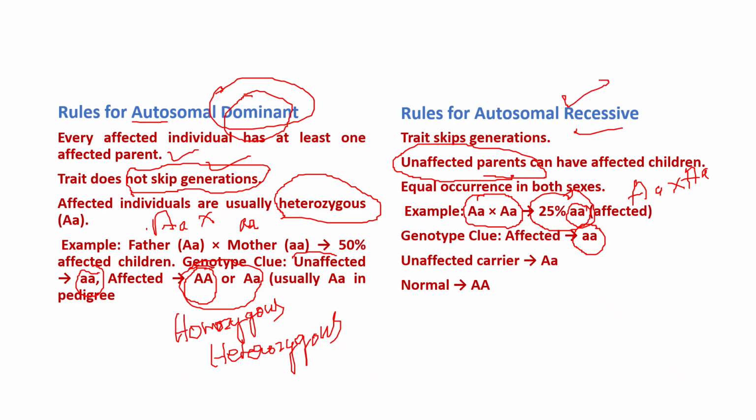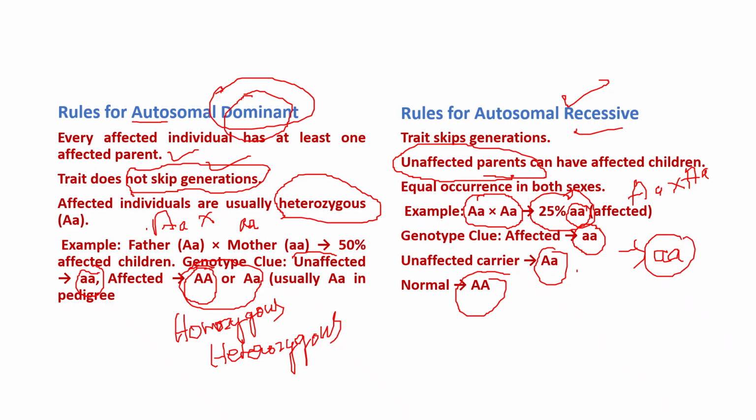The unaffected carrier will be heterozygous dominant. Heterozygous dominant will be an unaffected carrier; they might carry the gene but will not express the disease. But homozygous dominant will be normal, neither a carrier nor affected at all. So for autosomal recessive, the genotype is represented as recessive a.